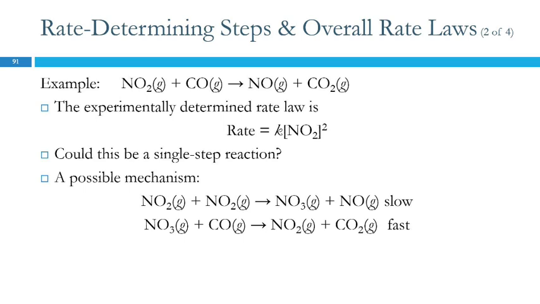So for the first one, the rate will equal a rate constant times the concentration of this times the concentration of that. So [NO2]^2. And CO's not in there anywhere. And then we can write a rate law for the second one, and that's going to be [NO3] times [CO].